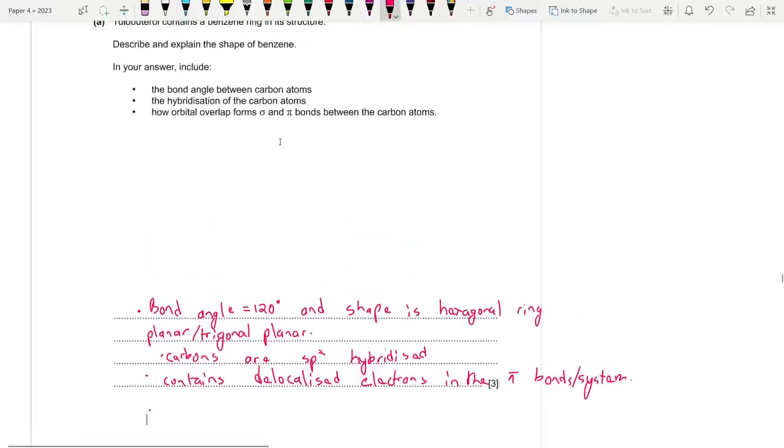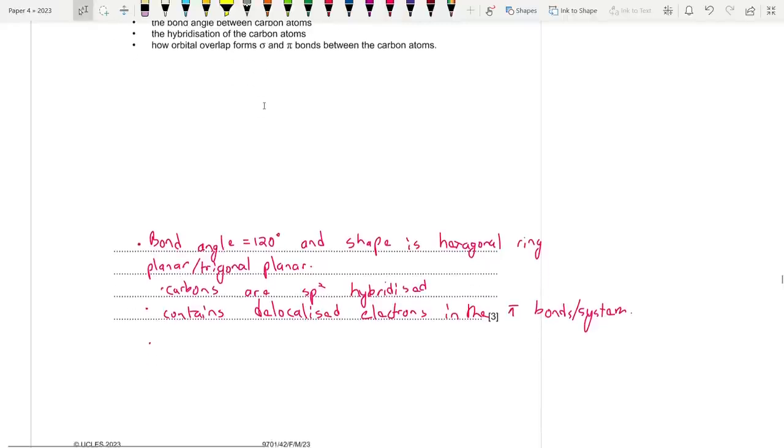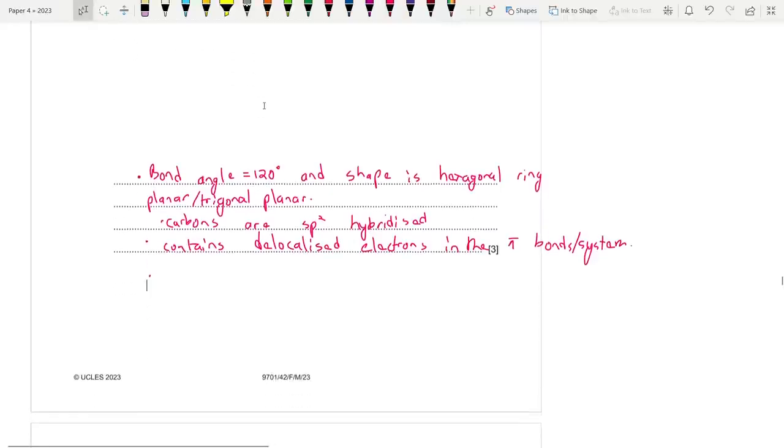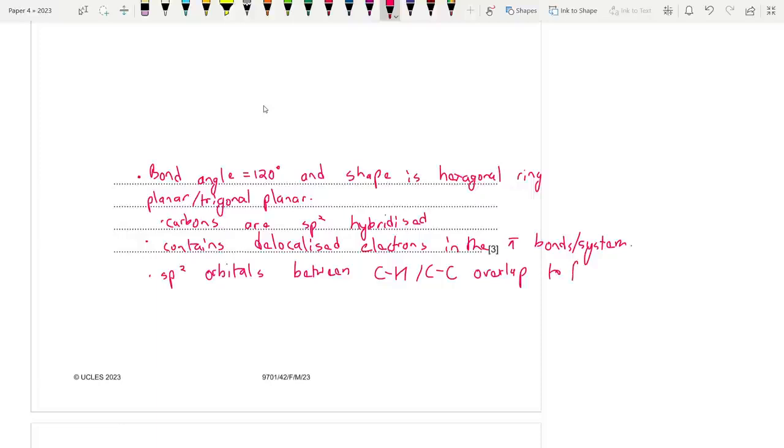And they told us to mention how the orbitals overlap to form sigma and pi bonds. Let's do that. So the sp2 orbitals between C-H and C-C overlap end to end, right? Overlap to form sigma bonds. Basically, the sp2 orbital of carbon and s orbital of hydrogen, or the sp2 orbitals between both carbons.